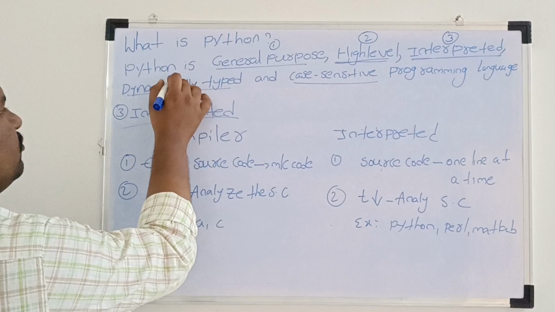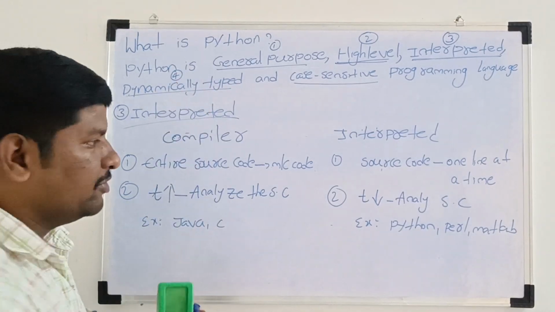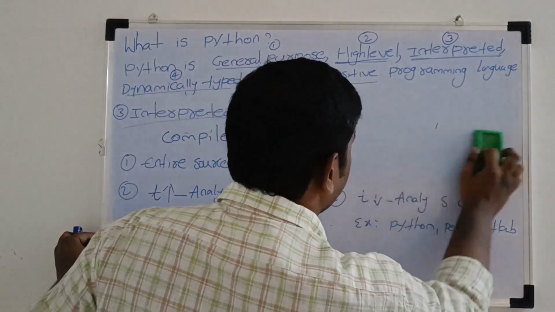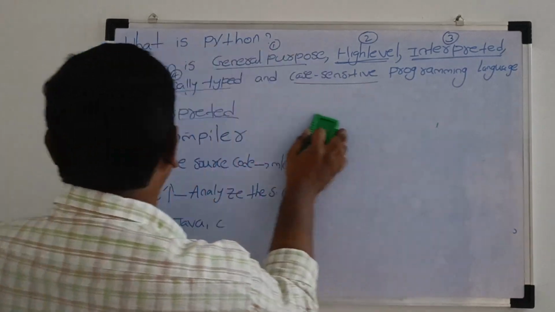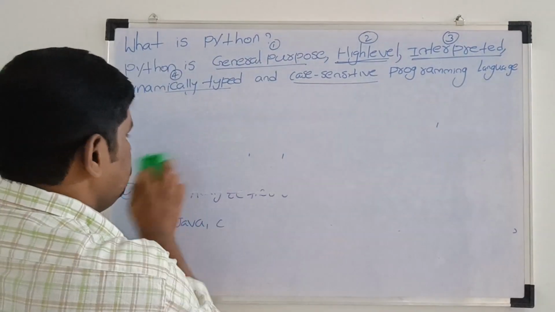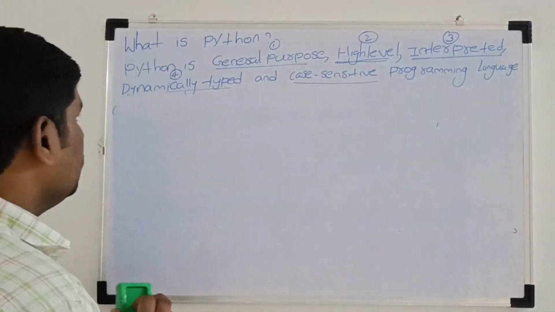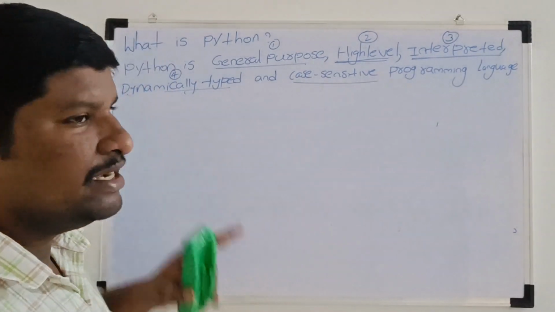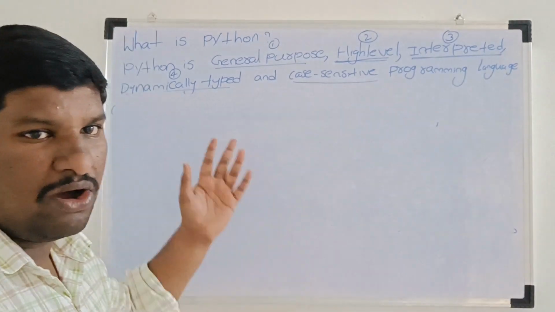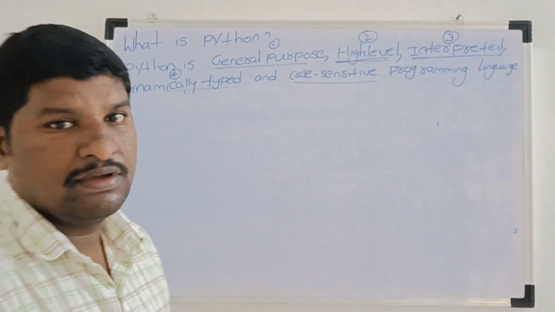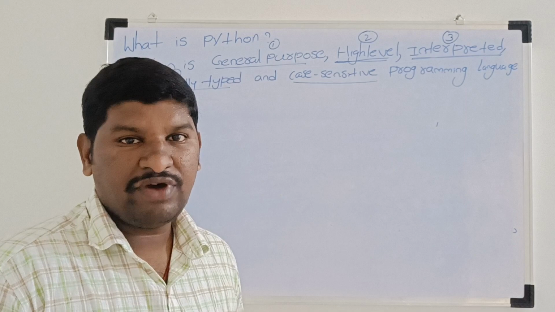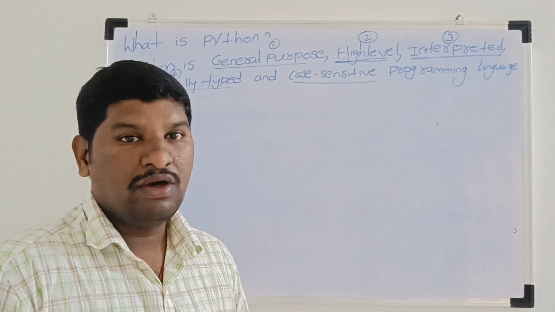And next, the fourth one is dynamically typed. Python is a dynamically typed programming language. It means we don't need to specify the data type of a variable.